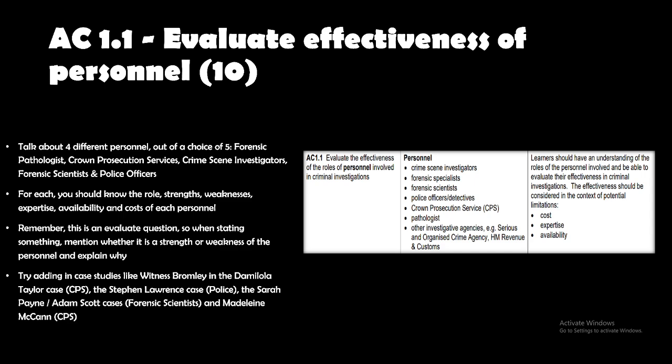Talk about cases like Stephen Lawrence and also the Macpherson report, and then explain further why that's a weakness, why that is bad. So remember, it's an evaluate question. So you're getting your marks for talking about something and then saying this is a strength or this is a weakness and why, rather than just stating what the salary of a police officer is. That's not really going to get you marks.